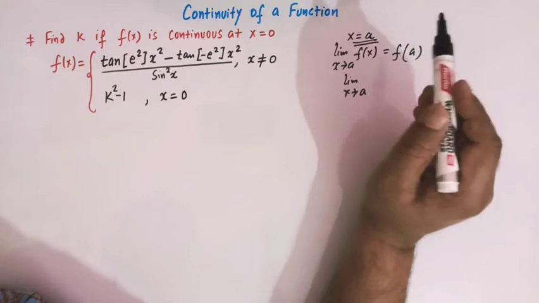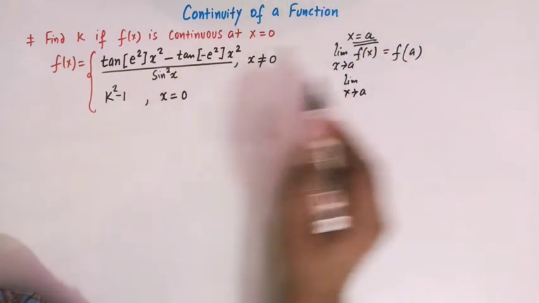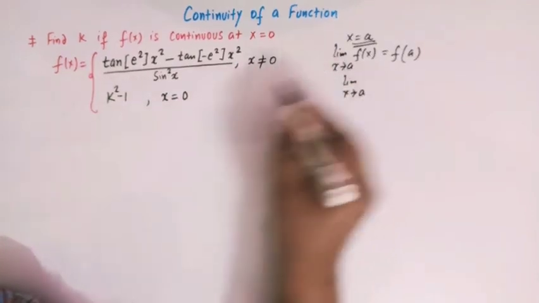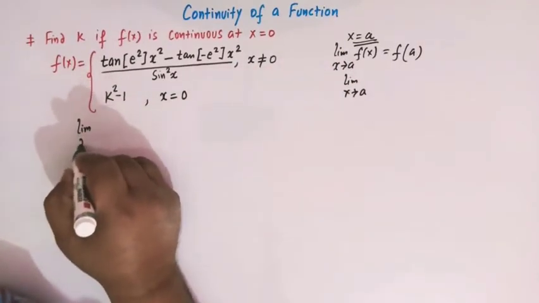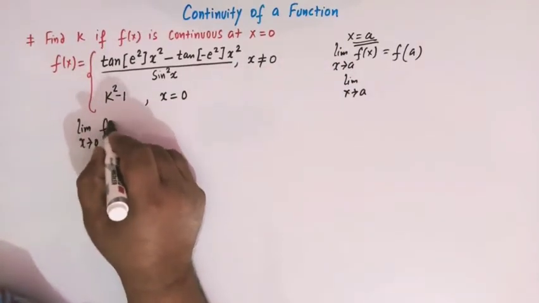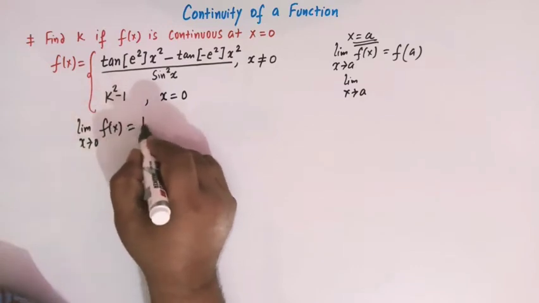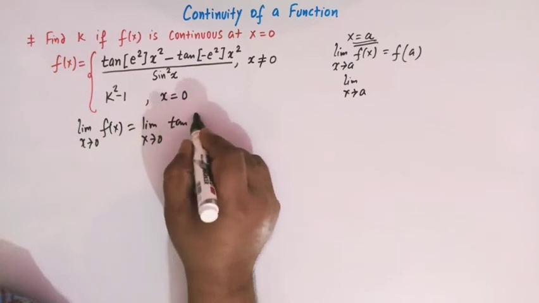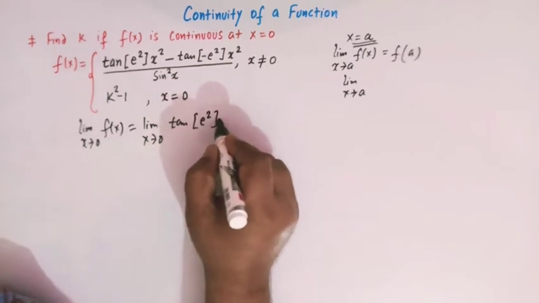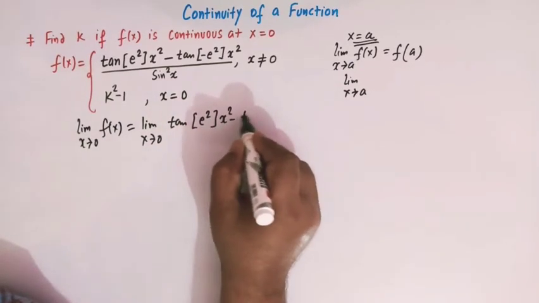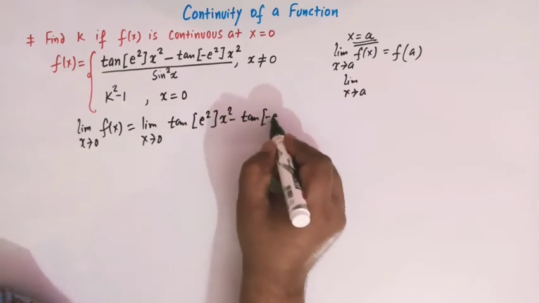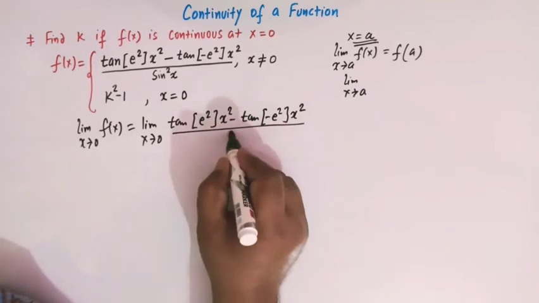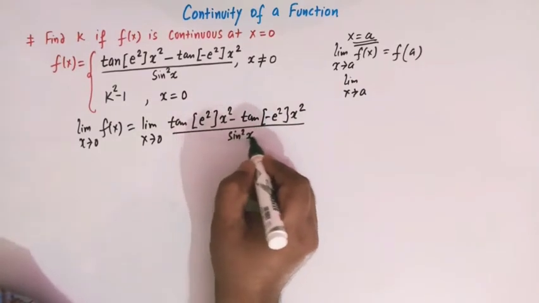So now we'll straight away find out this limit, that is, limit x tends to 0 of f of x, which is limit x tends to 0 of tan of greatest integer of e square x square minus tan of greatest integer of minus e square x square, divided by sine square x.